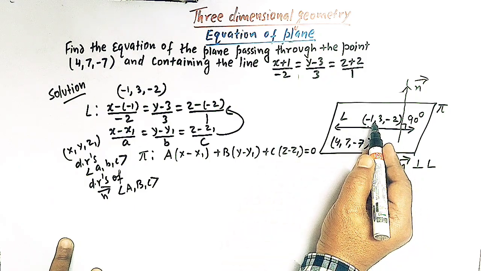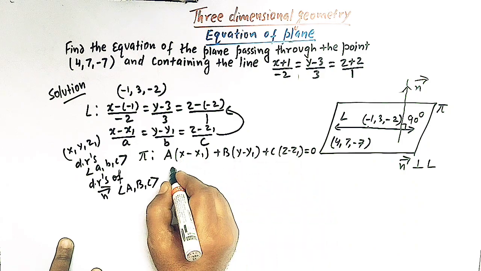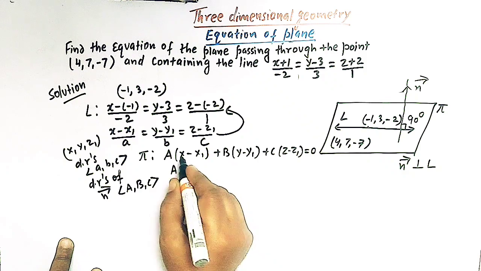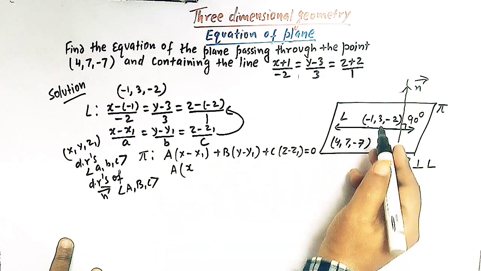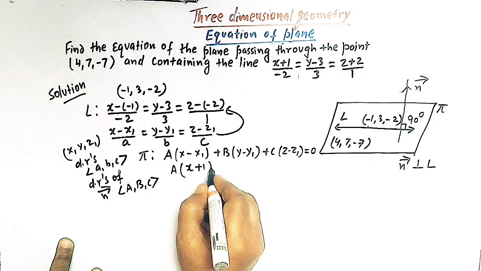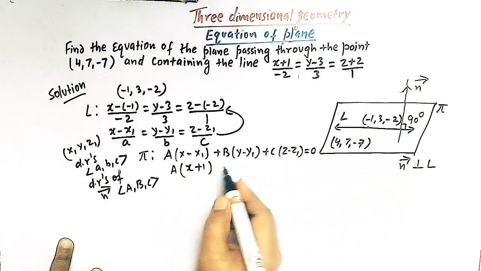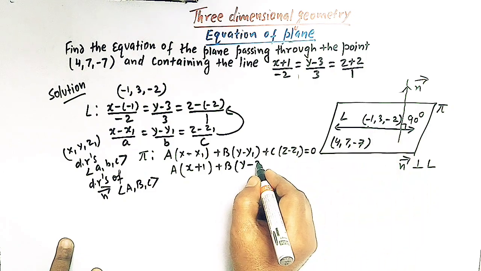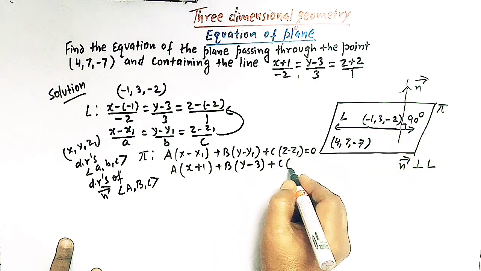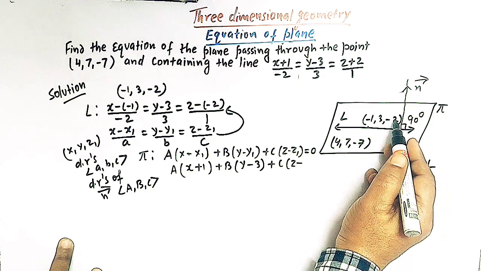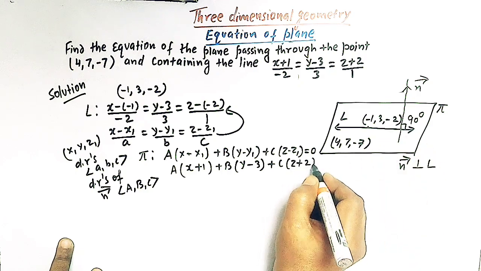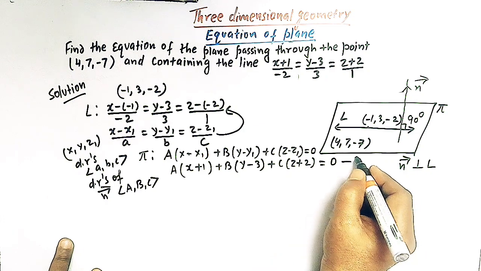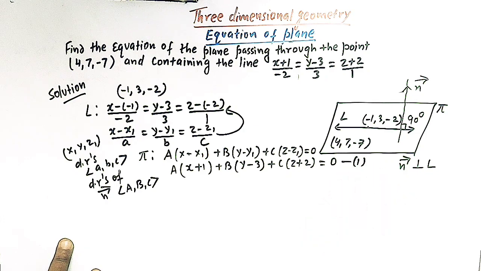So substituting this point in this equation, we can now write the equation of the plane pi as A times (x plus 1), since x1 is minus 1, then we have B times (y minus 3), y1 being 3, and then we have C times (z plus 2), z1 being minus 2, and this is equal to 0. Right? So let us call this equation number 1.